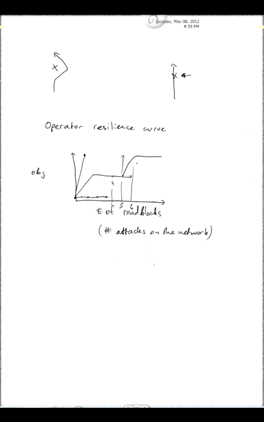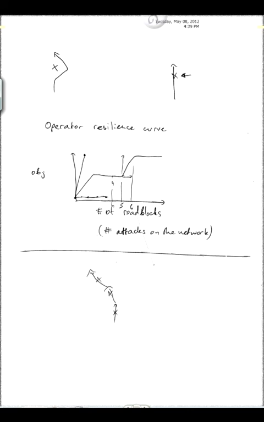So the next question was, how does the operator resilience curve behave after 8 roadblocks, and why? After 8 roadblocks, for our particular example, the operator resilience curve remains flat. The reason is that if you look at the solution with 8 roadblocks, the drug smuggler is running a roadblock on every single one of his arcs.